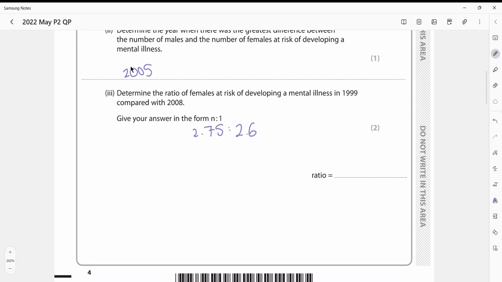Now, in order to represent it in this form, n to 1, we need to divide it by the smallest number. So the smallest number of the two is 2.6. So that will give you 1 here. Let me just calculate this part. Divided by 2.6, that would be 1.06. 1.06 to 1.